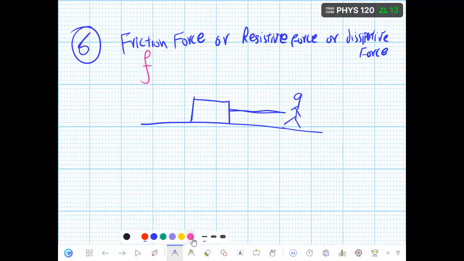So right now, identify all forces which are exerted on the box. How many forces do we have? First, force of gravity, yes? What is the next one? Normal force, because in the up and down direction it doesn't move. Force of gravity should be exactly equal to the normal force.